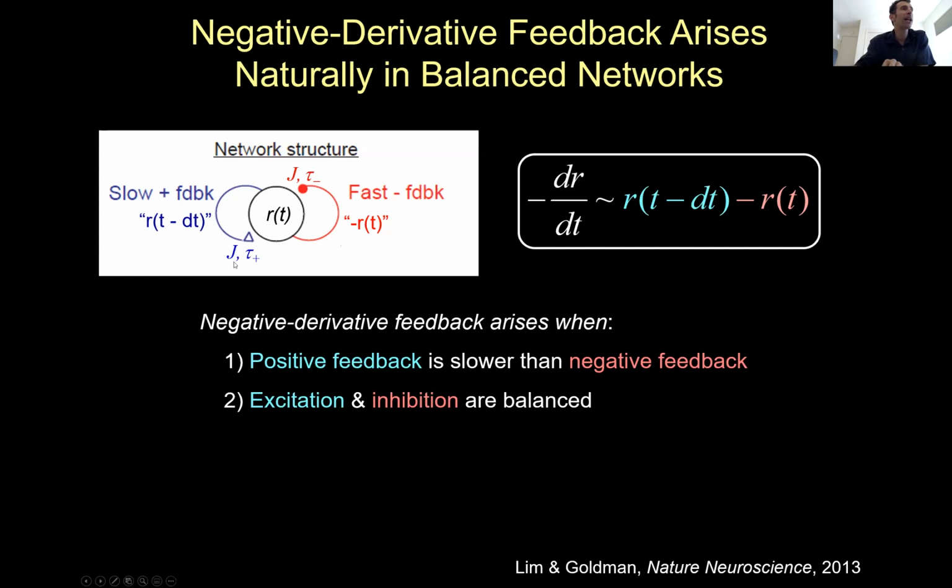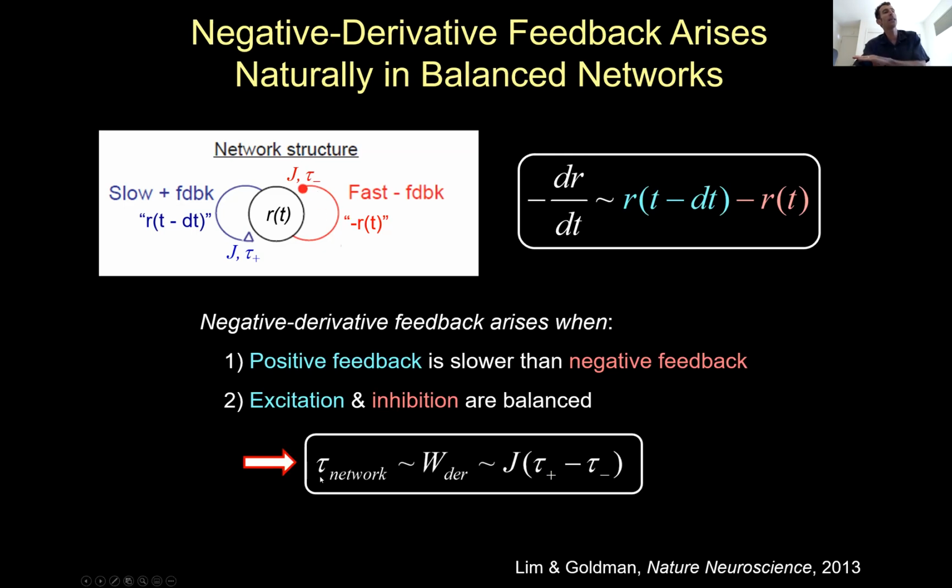If you label the strengths of these connections as J, and refer to the positive feedback pathway as having a time constant tau plus and the negative feedback pathway as having a time constant tau minus, then the time constant for the network goes as W derivative, which goes as J, the strength of the input, times the difference between these time constants. This immediately shows why the classic work did not produce this slow persistent activity. The classic van Vreeswijk and Sompolinsky work had the same time constant on each of their pathways, so we didn't have this derivative feedback effect.